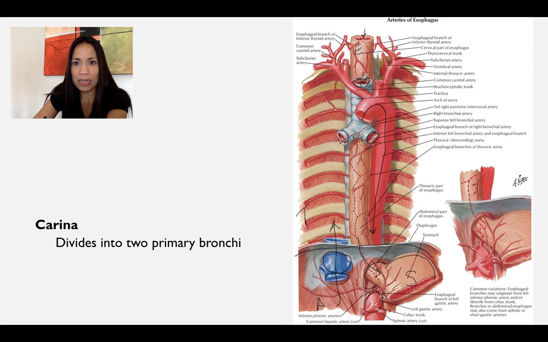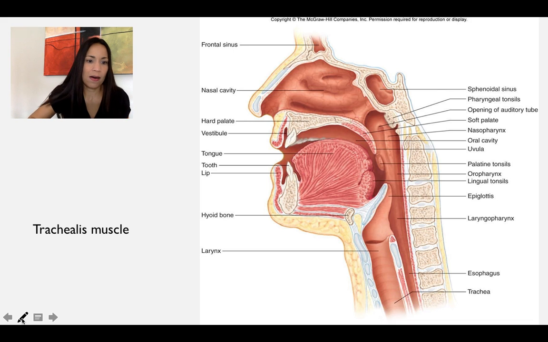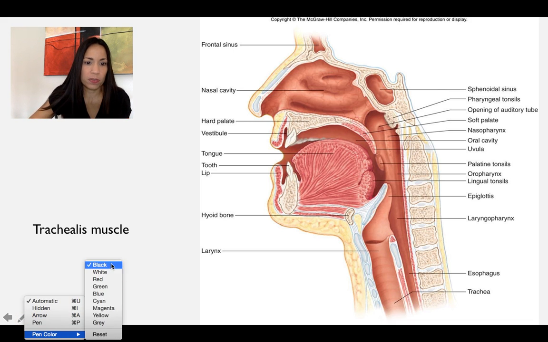So it's forming the posterior wall of the trachea. So when food is passing by the posterior aspect, since it's flexible, it can accommodate the passage of food through the esophagus.